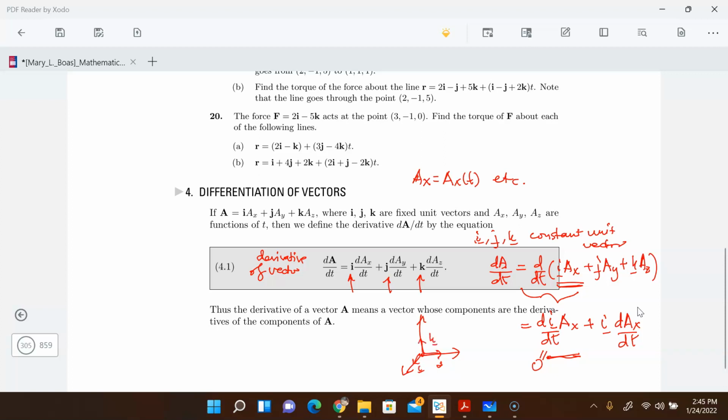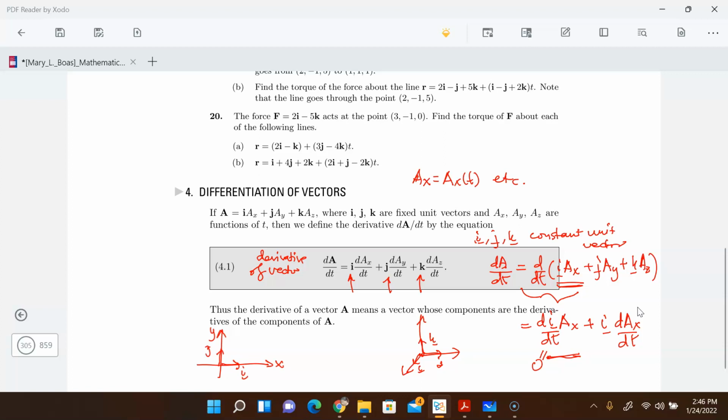Now compare this, later on we'll look at it, with a simpler case. Here, this is x, y, and this will be your constant vector i, constant vector j.